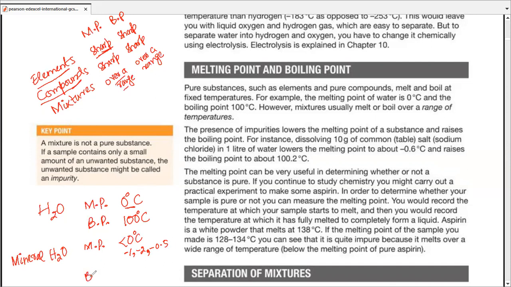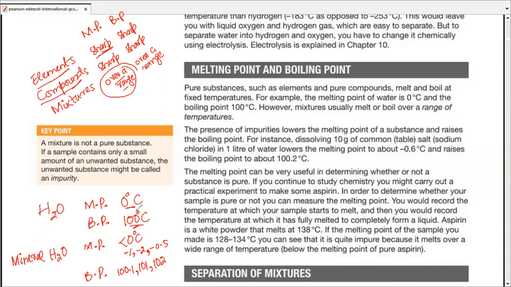In case of boiling point, you will be astonished to know for mineral water, it may boil at 100.1, it may boil at 101, it may boil at 102, it may boil at any temperature. That's why we use the phrase over a range, anywhere from 100 to 102, anywhere from 100 to 105.